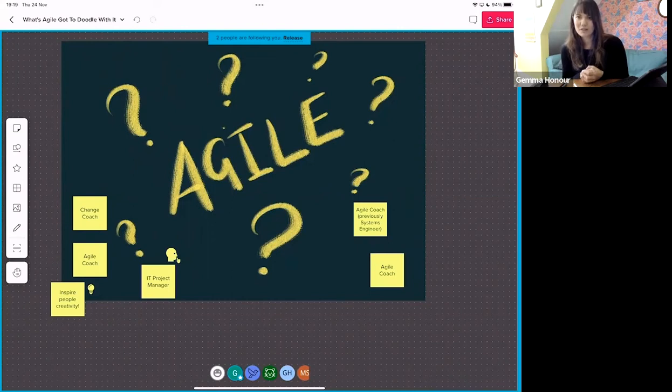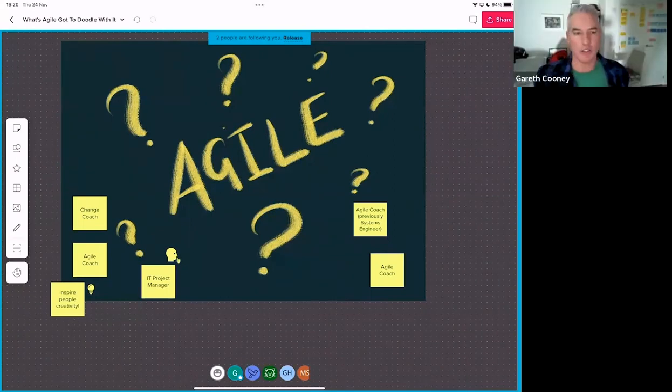Gareth saying graphic recording during meetings to help engage the group in focused discussion, aligning and confirming understanding. Hell yes, Gareth. Gareth, did you want to speak any more on that one? I tried to do this a number of years ago.